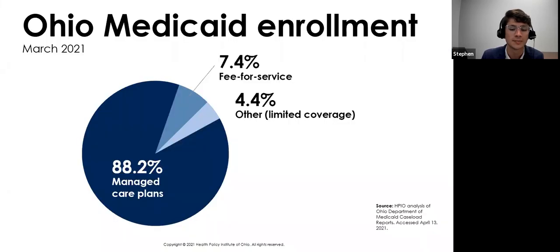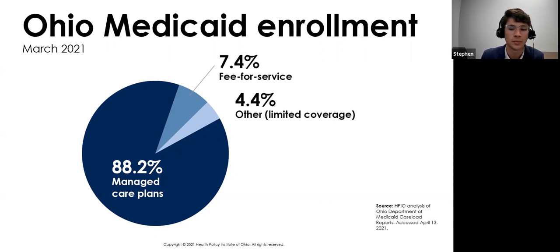Medicaid coverage is provided through managed care plans, better known as MCPs, or a fee-for-service arrangement, or FFS. MCPs are privately operated health insurance companies that contract with providers, such as physicians and hospitals, to deliver Medicaid-covered health services to enrollees.